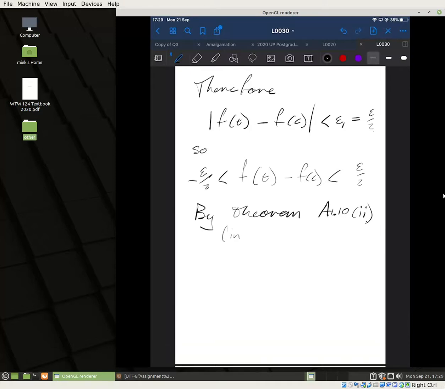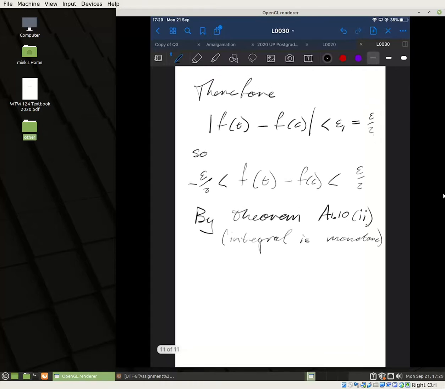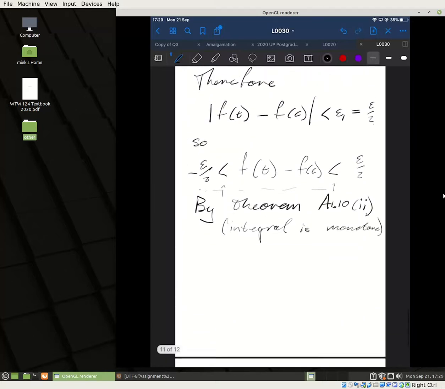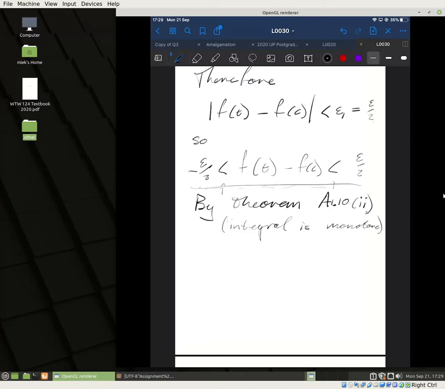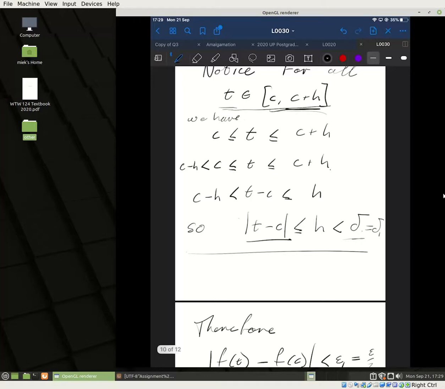The integral is monotone. So if you take the integral, it preserves the inequalities. So if you take the integral everywhere here, it preserves the inequalities, but the inequalities turn into less than or equal to. So what we obtain is this holds for all values t in this interval from c to c plus h.